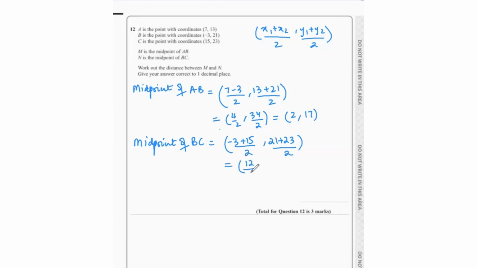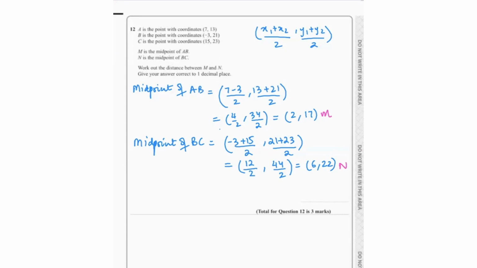That's 12 over 2 and 44 over 2, which is 6 and 22. So this is M and this is N. So we need to find the distance between M and N.